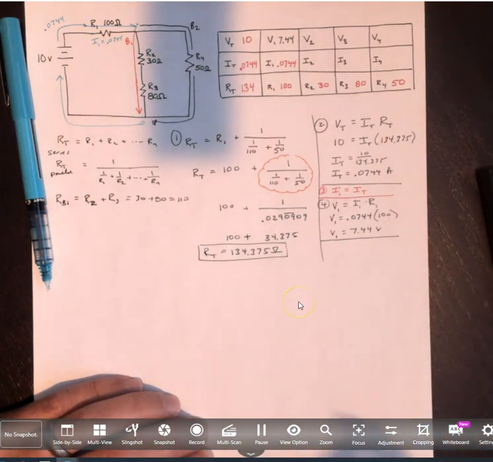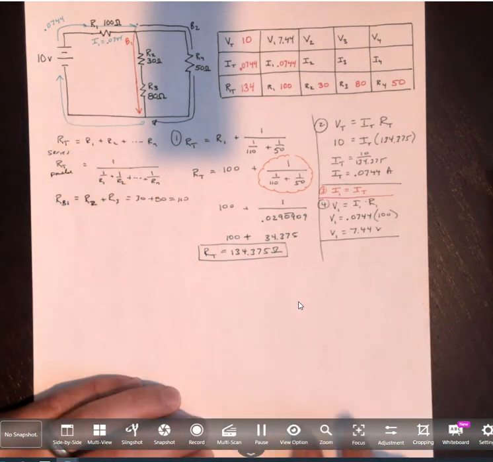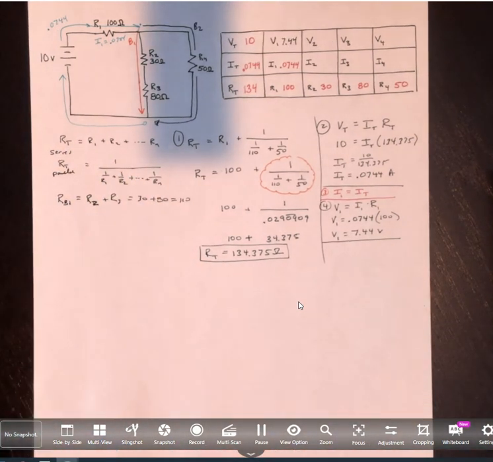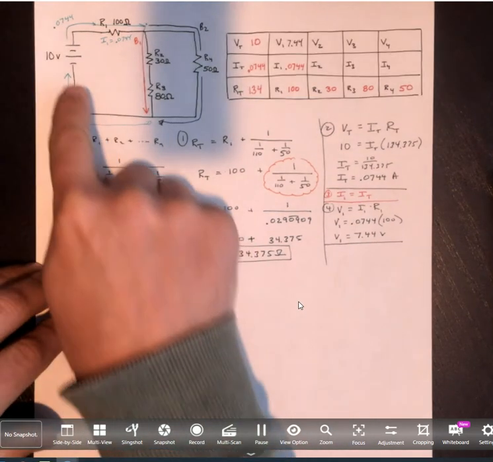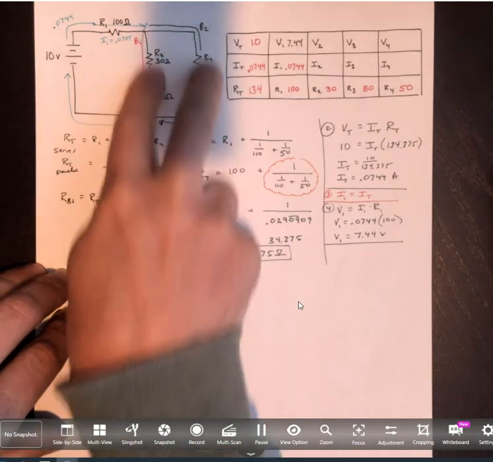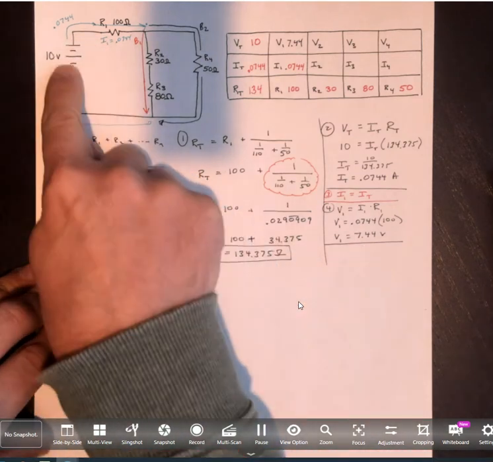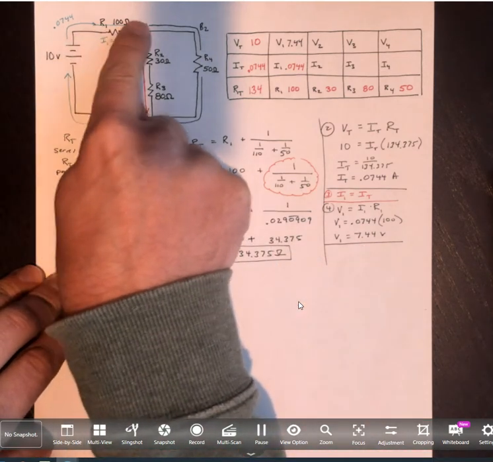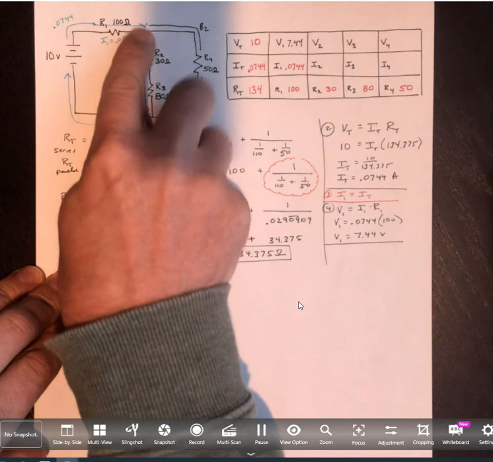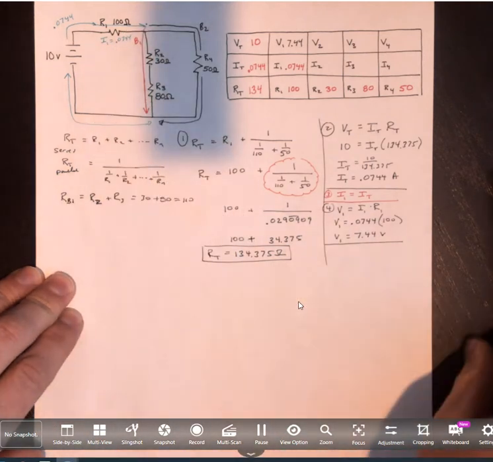Okay? Now, the next thing we know is that in a parallel circuit, each branch normally gets the full voltage of the circuit. Now this is not a true parallel, right? But it's parallel from here on. So while we've got a voltage drop of that 7.44, whatever voltage is left at that point, kind of the pressure, each branch is going to get.